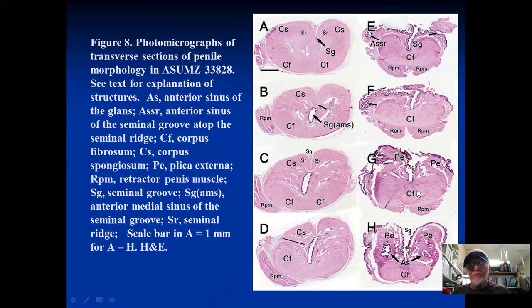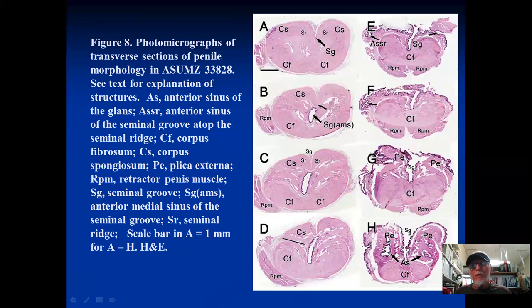But before we get there, we can see that this anterior sinus of the seminal groove penetrates anteriorly. Now this particular sinus is going to enlarge and merge actually with portions of the sinuses of the seminal groove.